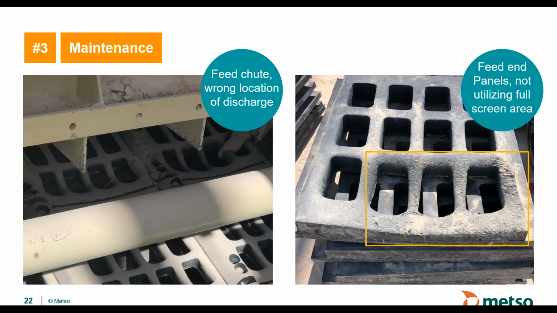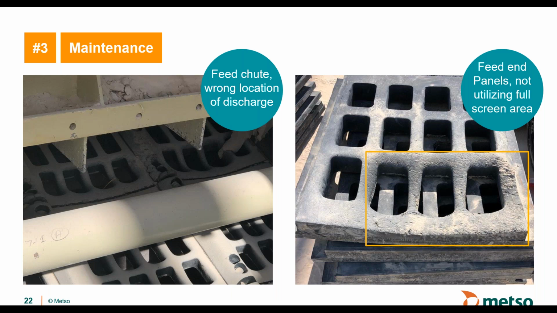Here's another typical, let's say, maintenance aspect of things. If you look at the left-hand picture, you can see that the feed chute above is discharging material directly on the end of the first row of panels.